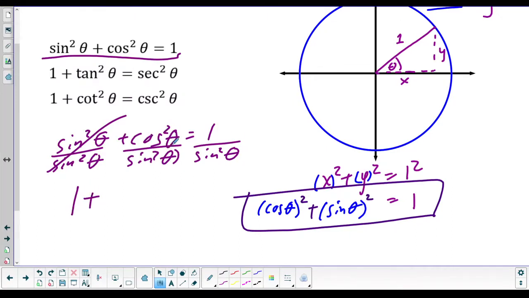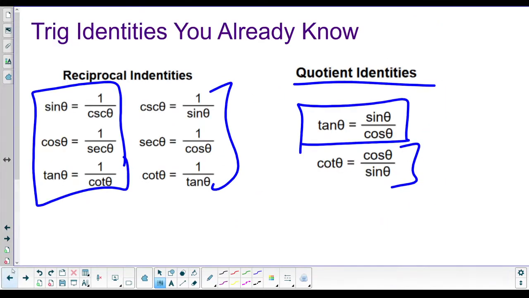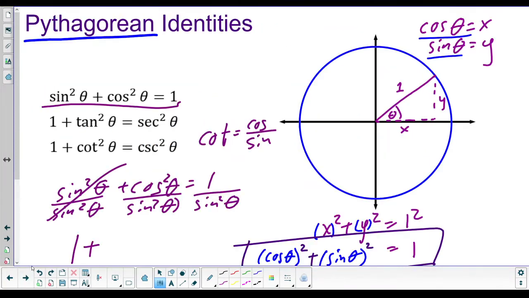cosine over sine is cotangent. And you know that from right here. So if I have cosine times cosine over sine times sine, this is cotangent times cotangent, or cotangent squared.